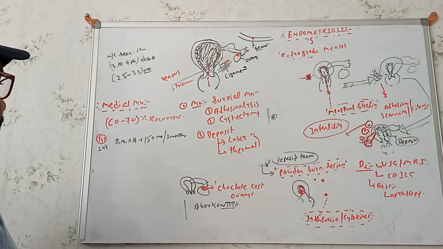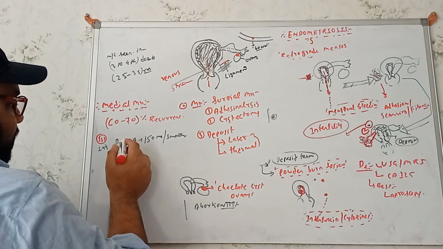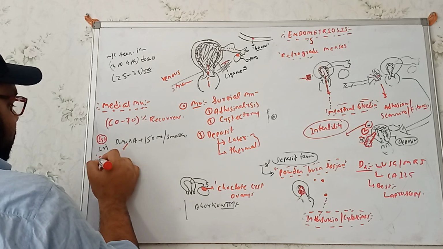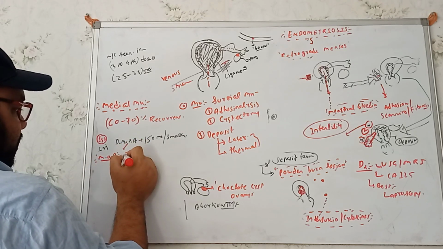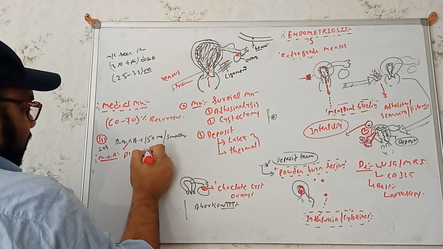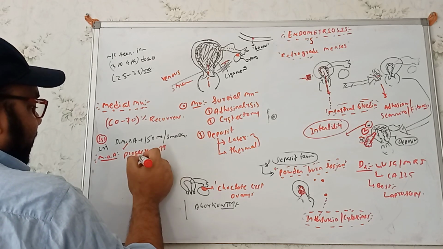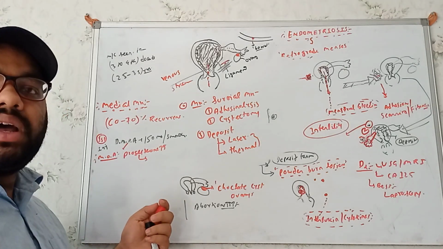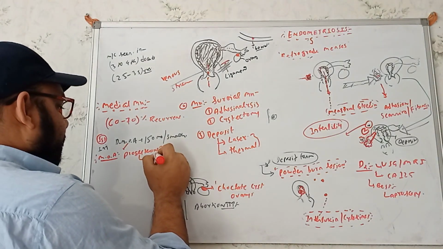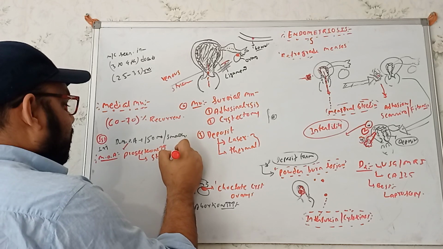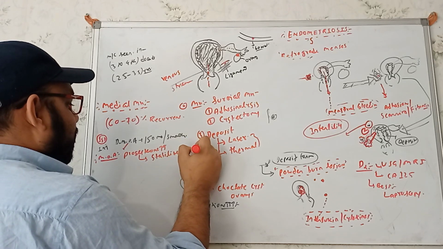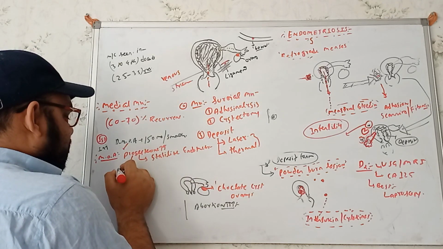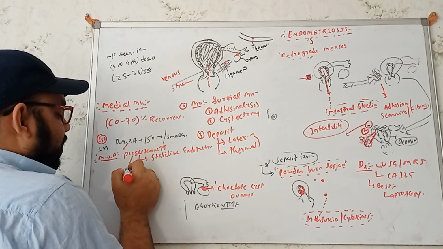Okay. Now what will it do? What's the mechanism of action for it? In these cases, basically we are using progesterone. The progesterone will be so much, and this progesterone will stabilize the endometrium, and it will also inhibit the secretion of estrogen.